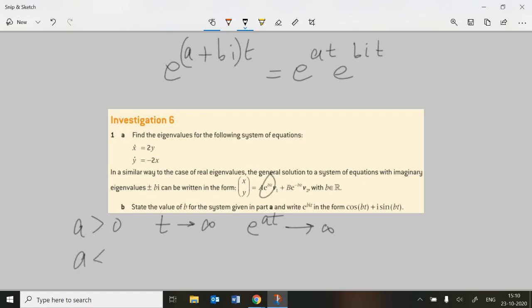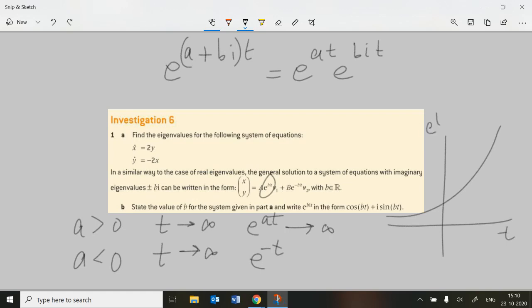Now, if a is less than 0 and t tends to infinity, so say, for example, we had a is -1, then e to the minus t, about e to the minus t, e to the t would be like this, t over time, and this would be t. And e to the minus t would be like this. It's 1 over e to the t. That tends to 0.